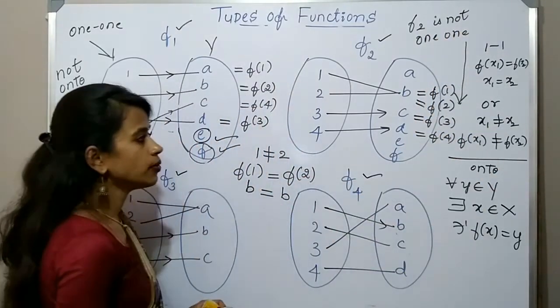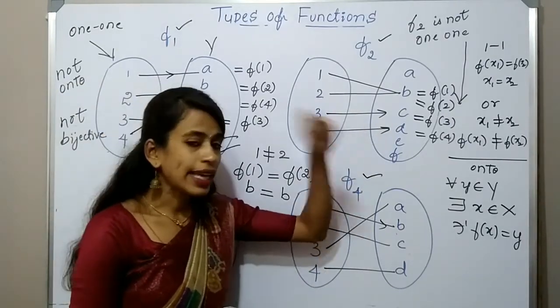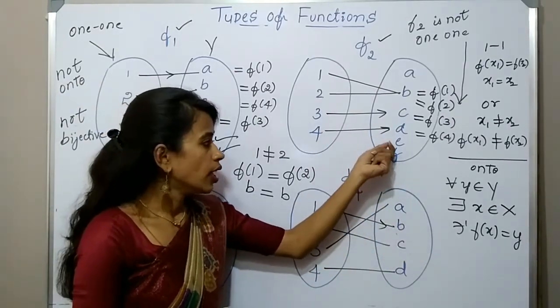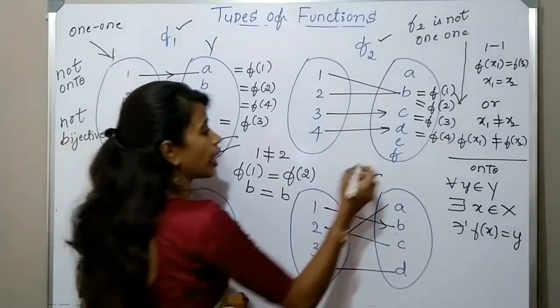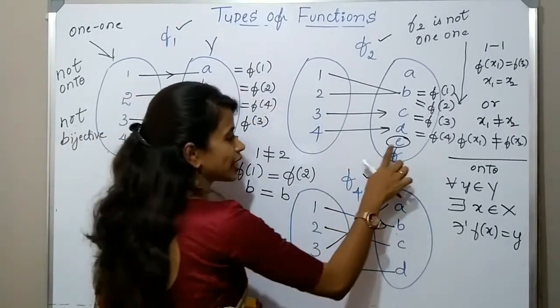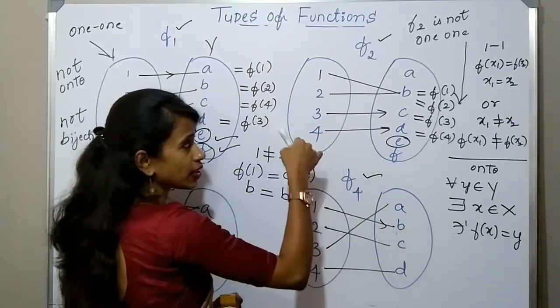What about onto? To check for onto, what is the condition? Take any element of the codomain. That element must have a pre-image in the domain. Here I am taking E, which is an element of the codomain, but does not have any pre-image in the domain.